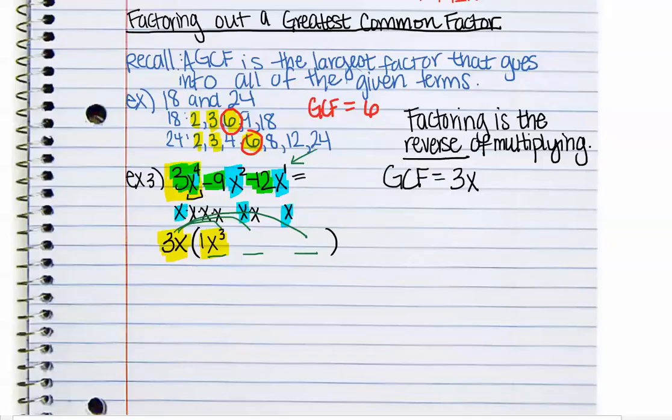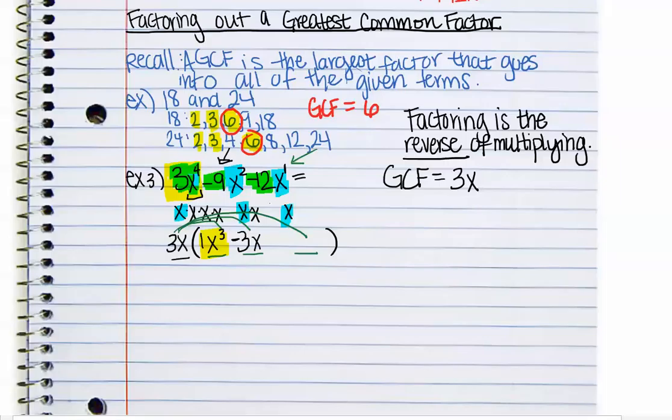All right, and then I repeat that process. Okay, so 3x times something else has to give me the second term, which is negative 9x squared. Well, first of all, it's negative, so I need a negative sign. I need to get a 9. So to get a 9 from a 3, I need to multiply it by another 3. And then I need an x squared, so I have 1x, I need 1 more x, and that would give me x squared.